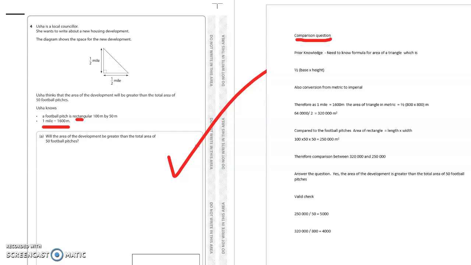Be really careful with the noughts there. So we've got the figure for the area of development. We need to work out the football pitches to be able to compare. It's rectangular, so we need the area of a rectangle, which is length times width. The numbers associated with that are 100 metres by 50 metres here.